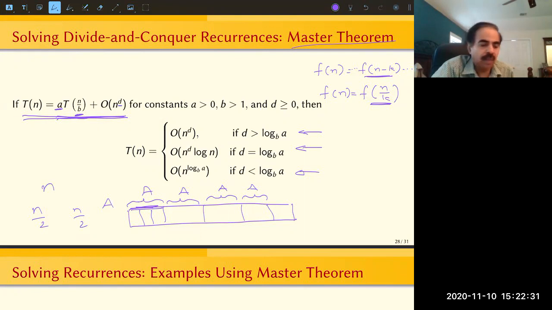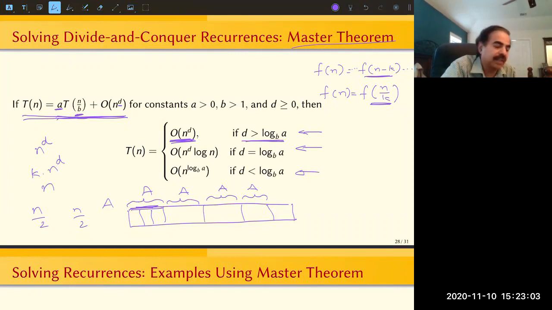So if d is greater than log of a with respect to base b, then the solution of this recurrence is O of n to the power d. You can see that we are not saying it is n to the power d, or k times n to the power d for some constant, but instead we are just saying O of n to the power d.